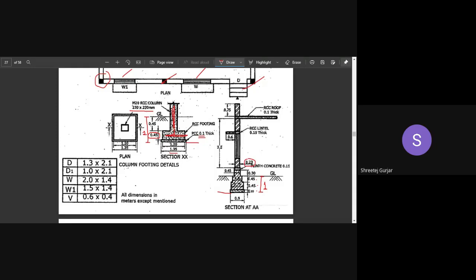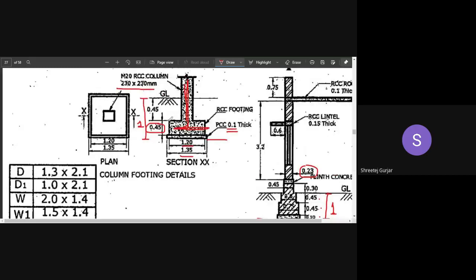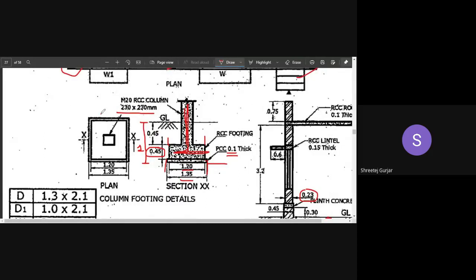Let me zoom in. The width of the footing is 1.2 meters, and the width of my PCC bed is 1.35. This is the cross section, and this is the plan view of this RCC column plus footing.